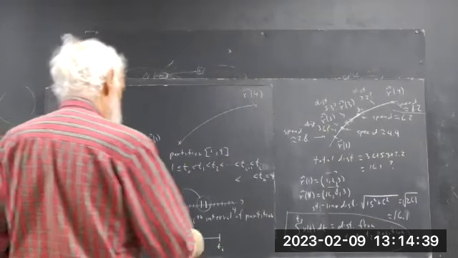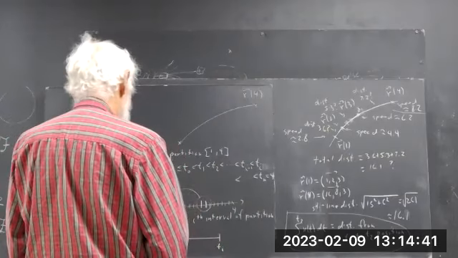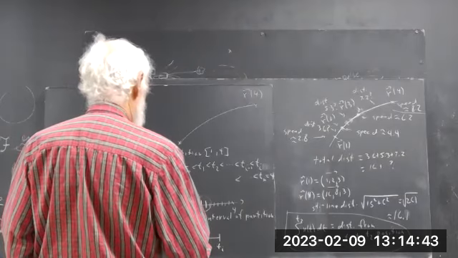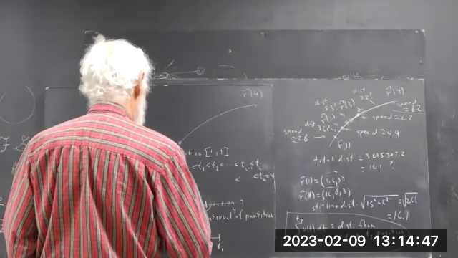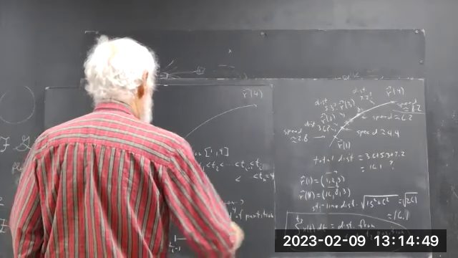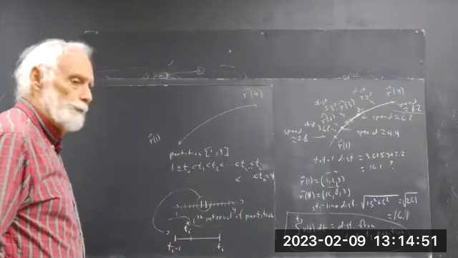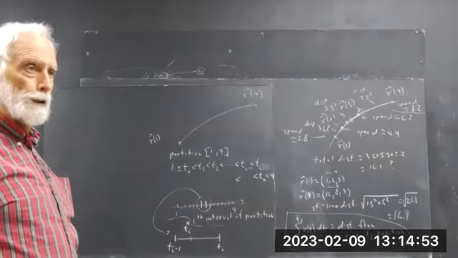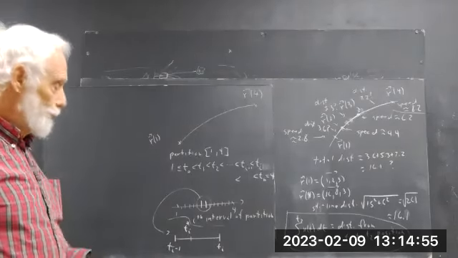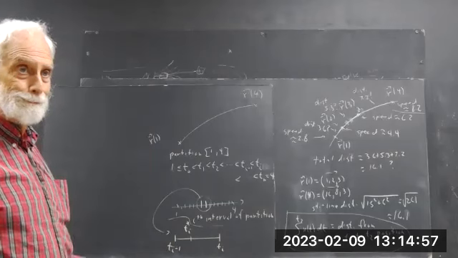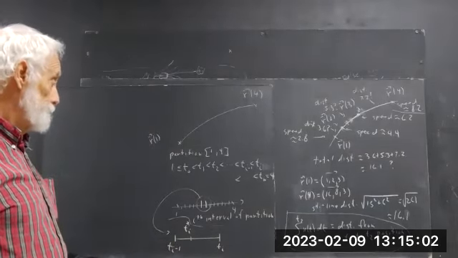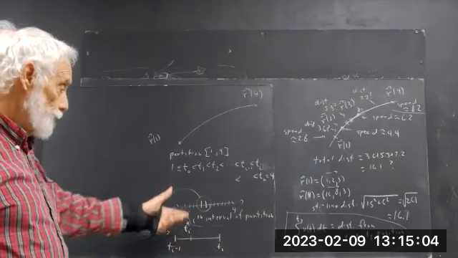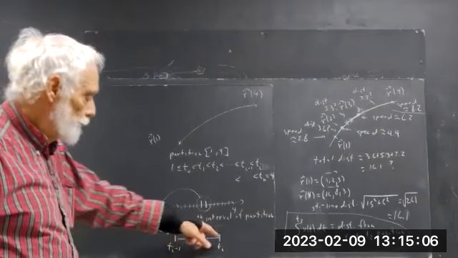Then we choose a sample point in here. I'm using t(i)* for the sample point, and this could be any point in this interval.